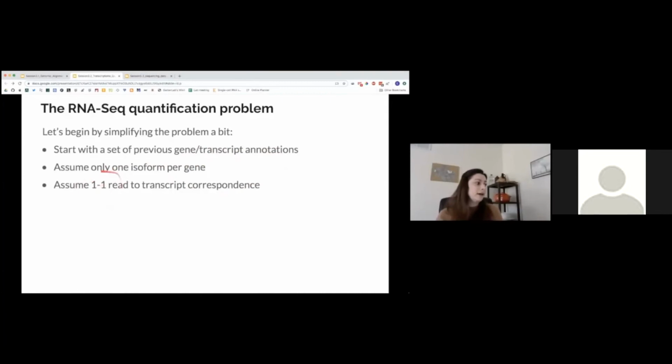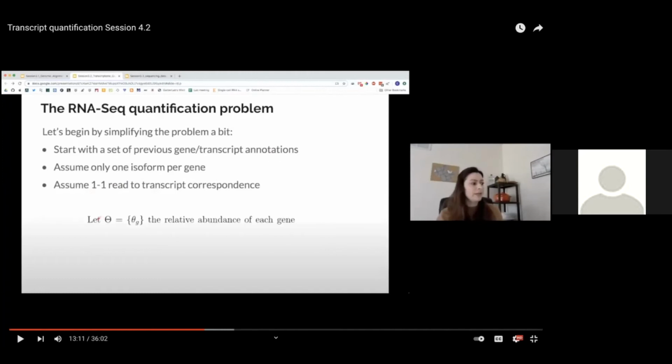And let's make an even further assumption and say we only have one read to one transcript correspondence, which means a read that we observe means one full transcript in the cell, and not multiple reads per transcript, which is how fragments actually generate reads.